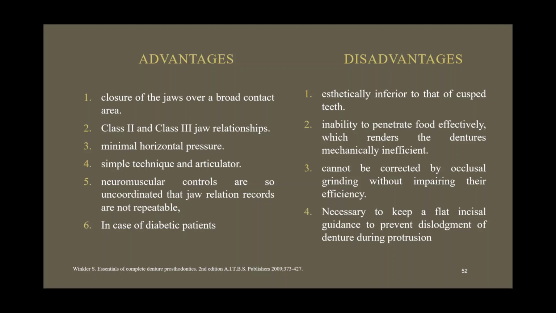But these non-anatomic teeth are aesthetically inferior to the cusp teeth, and they do not penetrate the food effectively, so they are mechanically inefficient, and they cannot be corrected by occlusal grinding without impairing their efficiency.